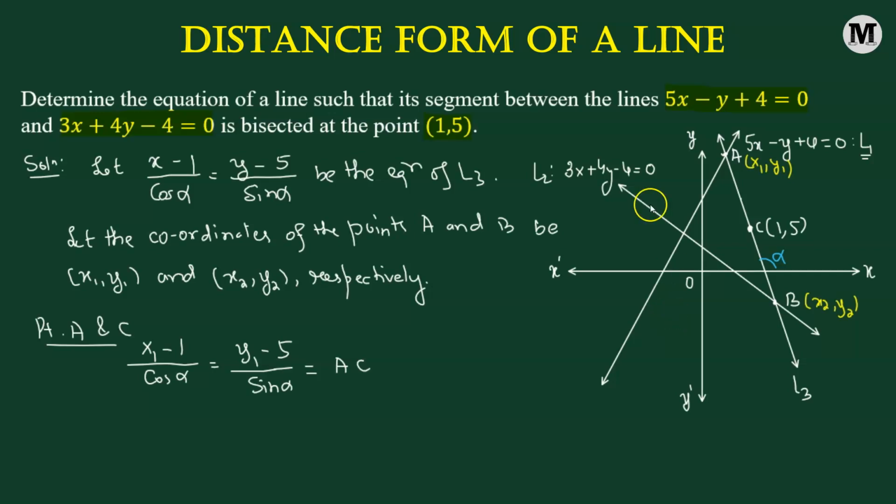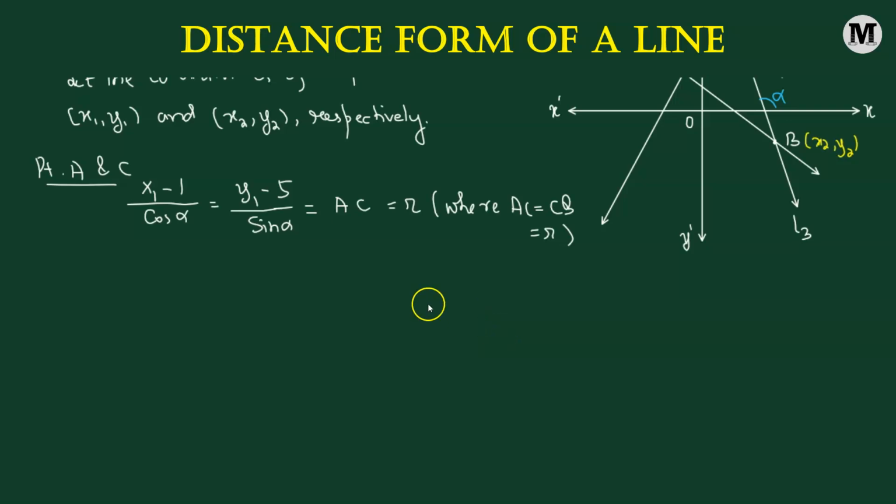Now it is already given that AB is bisected by the point C. In other words, we have AC equals CB. So this is going to be equal to r, where we are assuming that AC equals CB. Let's say this equals r.